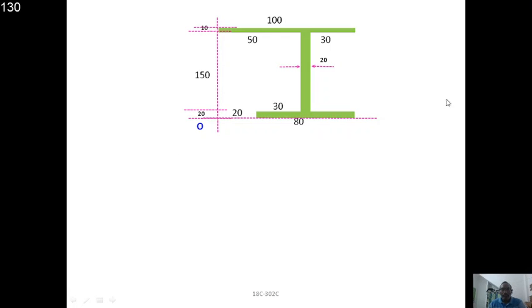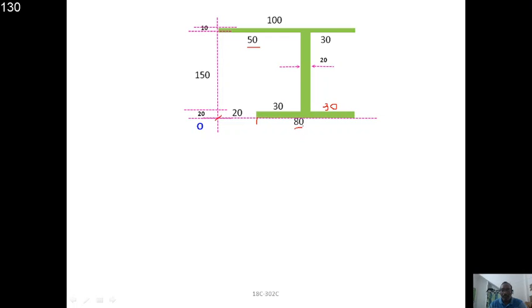Now after labeling all the dimensions and unknown distances, what is this distance? This distance I am getting from this 50. This is 50, and you know that this is 80. Therefore 80 minus 20, you get 60. Therefore 60 by 2, so this is 30, and here also 30.